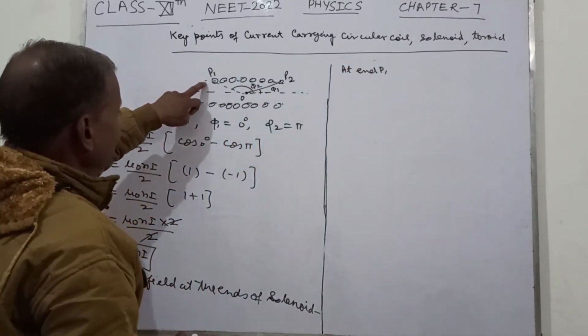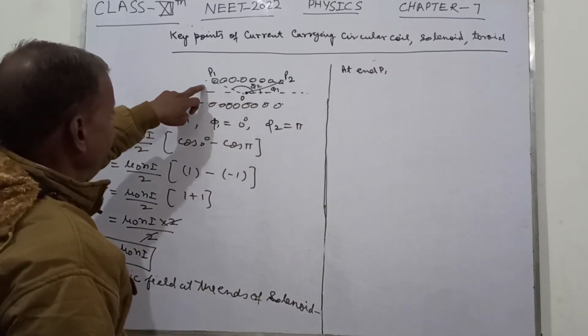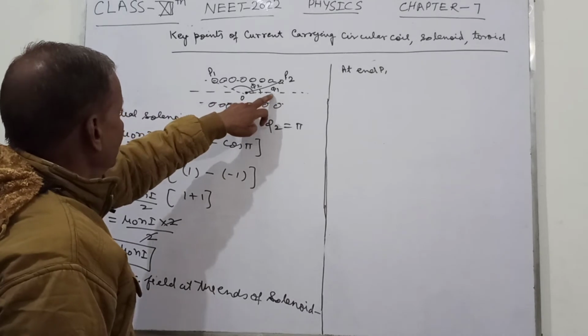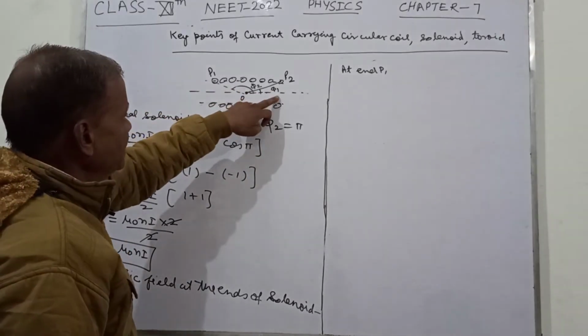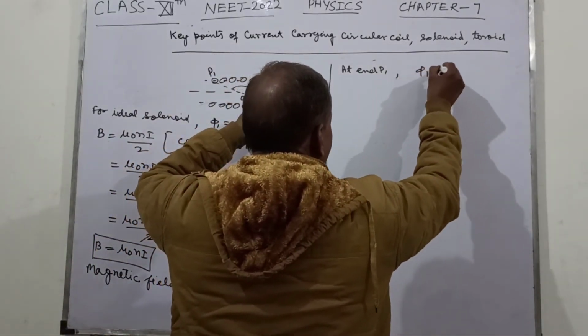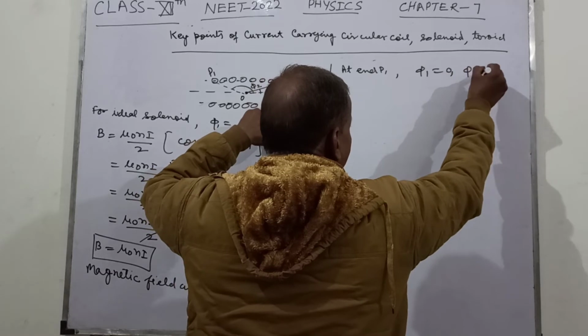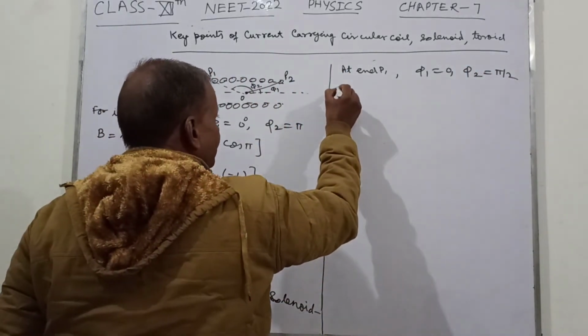When this point is brought to the end, phi 1 will be equal to 0 and phi 2 will be equal to pi by 2. So now what will happen?